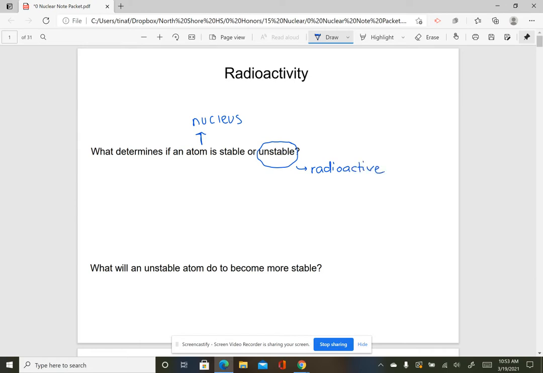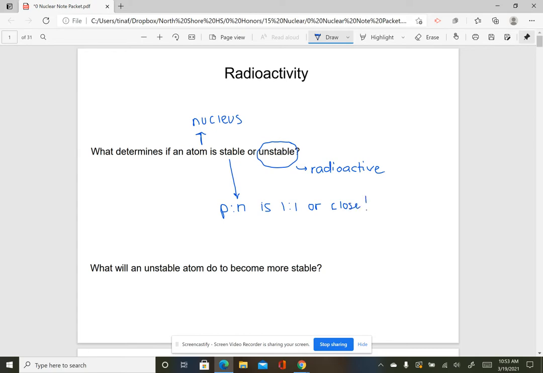So, what does it mean to be stable as far as a nucleus goes? We need to think about what the particles in the nucleus are, and those are protons and neutrons. The closer the proton to neutron ratio is to 1, the more stable the nucleus is.